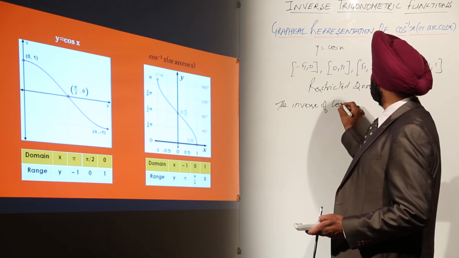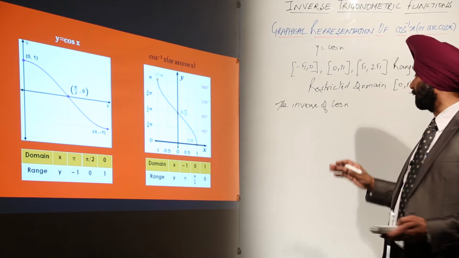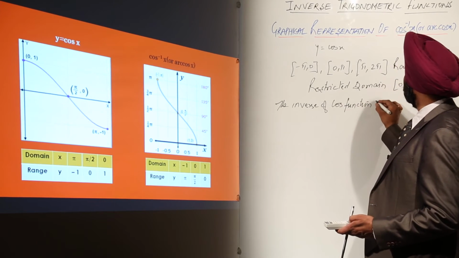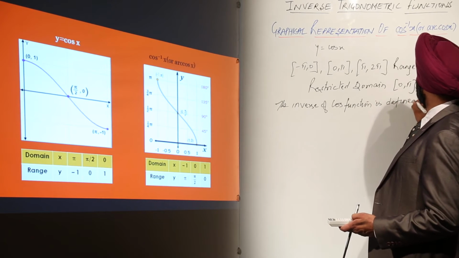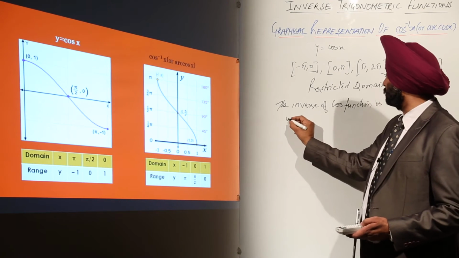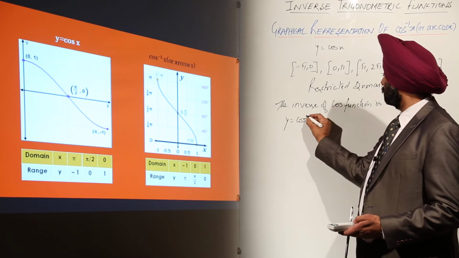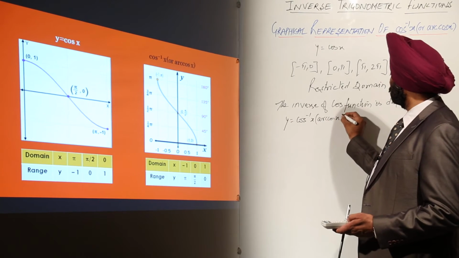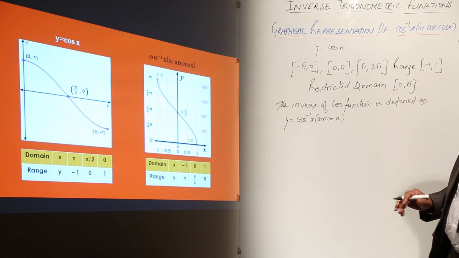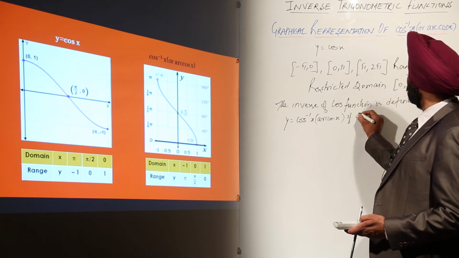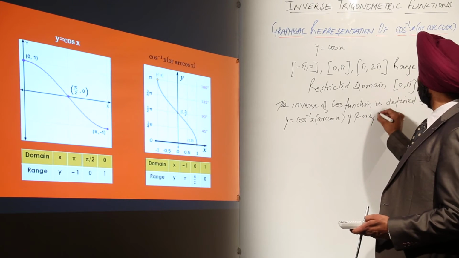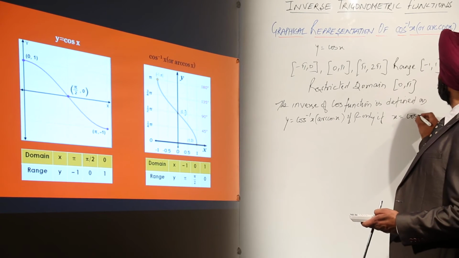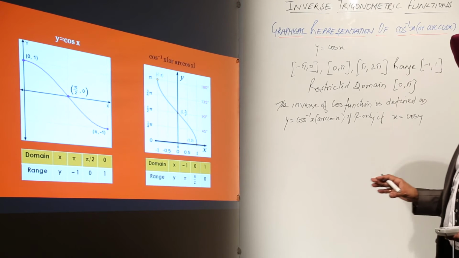The inverse of cos function is defined as y is equal to cos inverse x, or you can write it arc cos x, if and only if x is equal to cos y. Okay, only then we can define it.